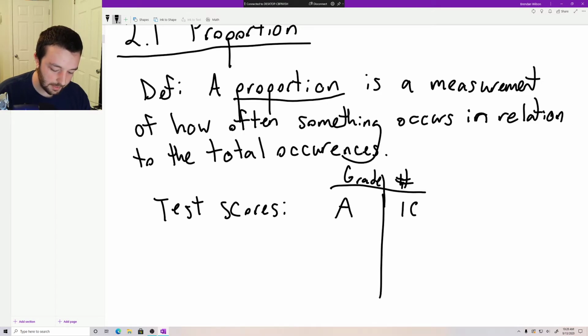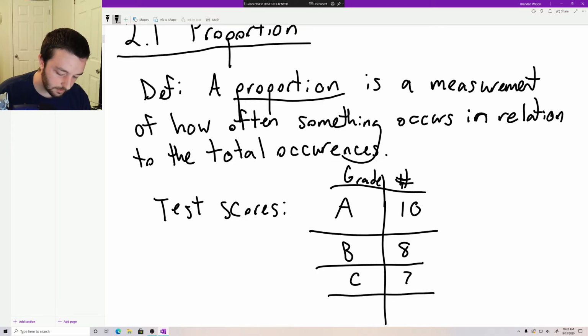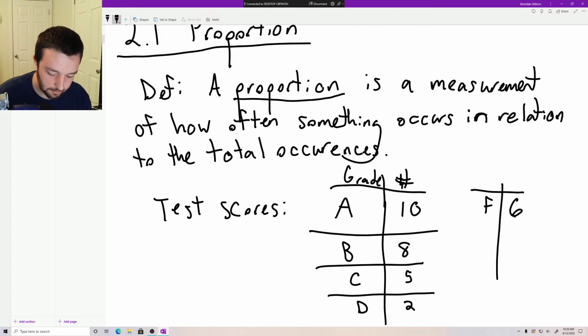So let's say we have 10 A's, 8 B's, 7 C's, 2 D's, and 6 F's. Okay.